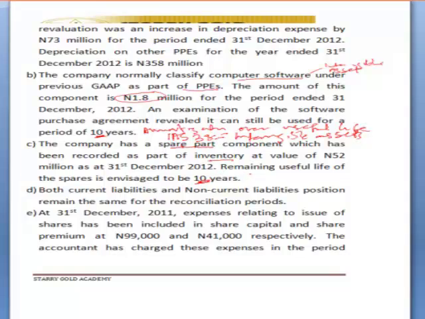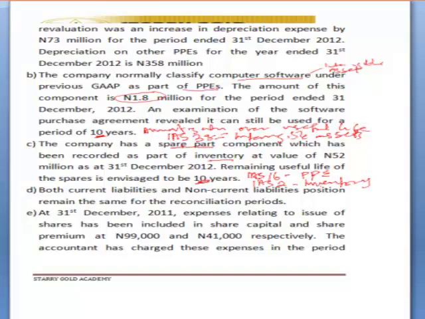Now there are two positions you need to talk about here. The first position is IAS 16, which is on property, plant and equipment. The second position is IAS 2, which is your inventory.